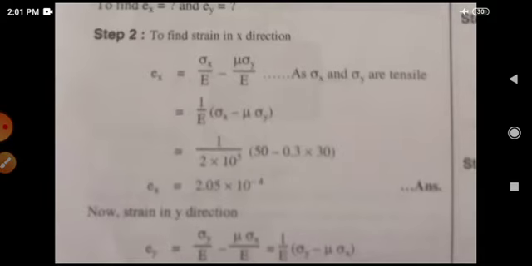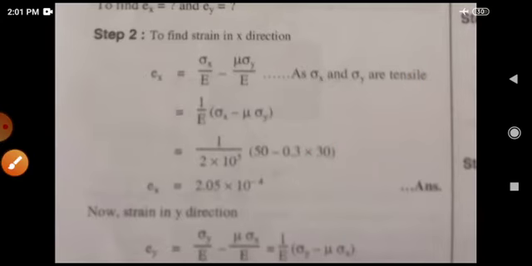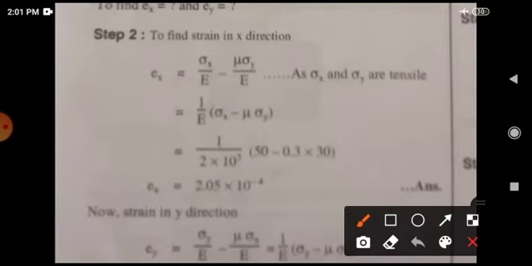Sometimes it may happen that the second value is greater. Let it be 120 instead of 30. How much will it be then? 36. It will still be elongation.